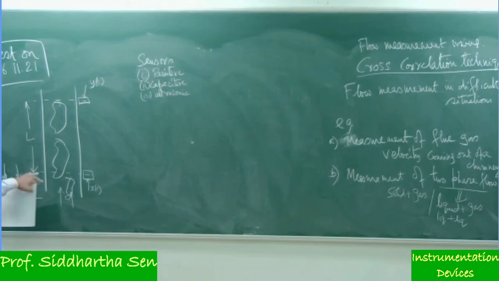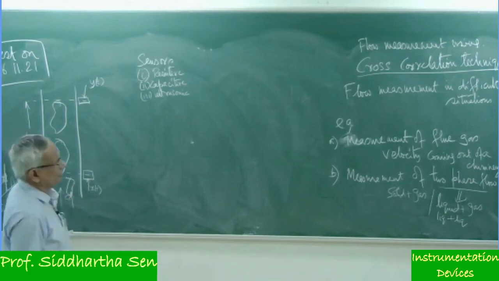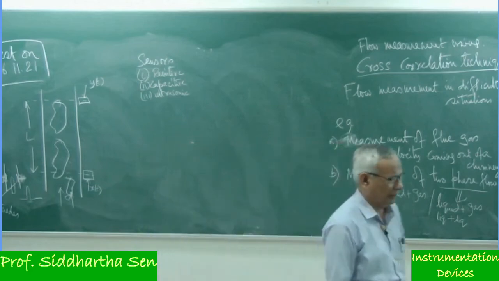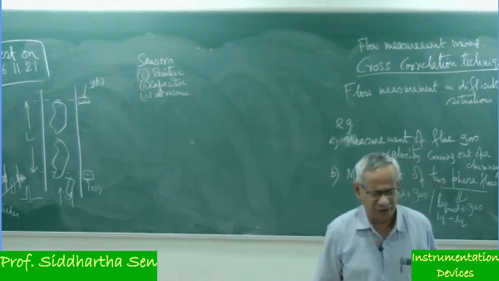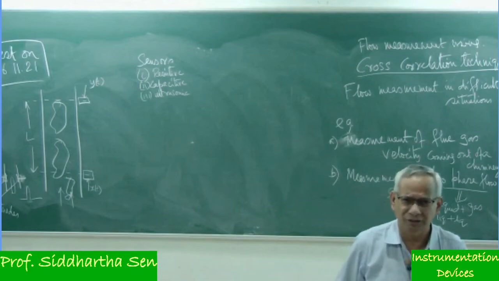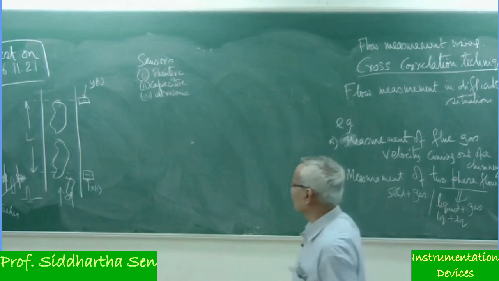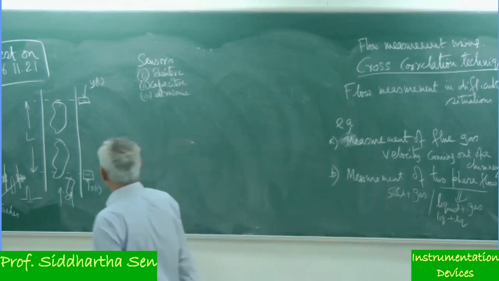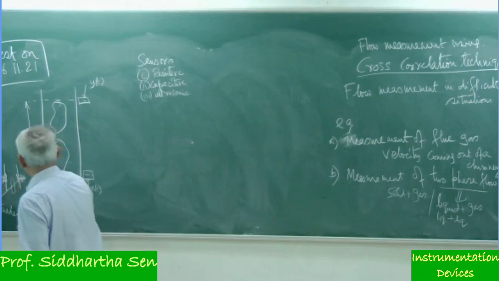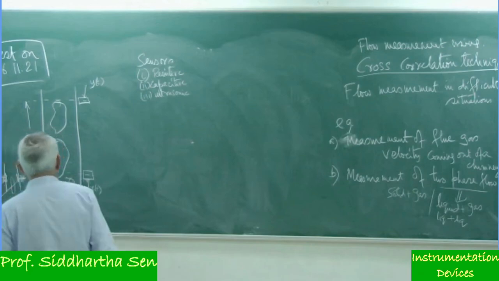You can fix them outside and measure the capacitance also, because we know liquid water has got a dielectric constant epsilon R of 80, and the other one, gas, is 1. There will be a large difference. So we can have some capacitive sensor outside and measure something like this.